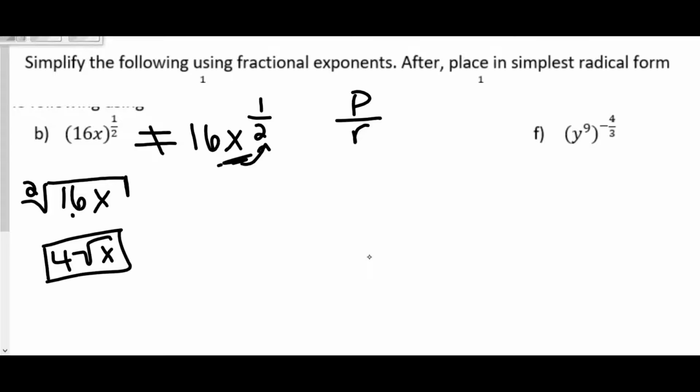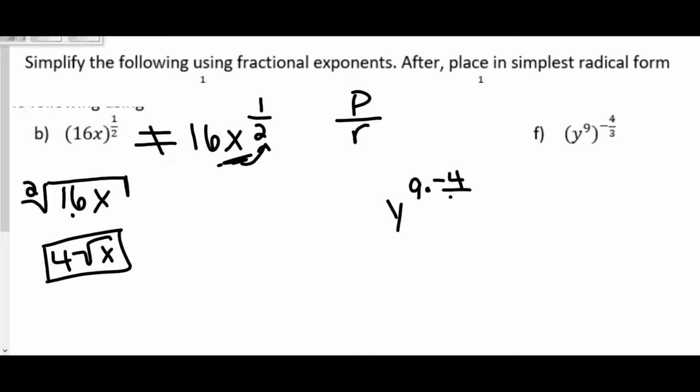Simplify y to the 9th to the -4/3. So here we have a variable being raised to an exponent, and that's all being raised to a fractional exponent. Now, when we have exponent to exponent, and this is one of those exponent laws we went over and had homework on in class, we multiply the exponents.